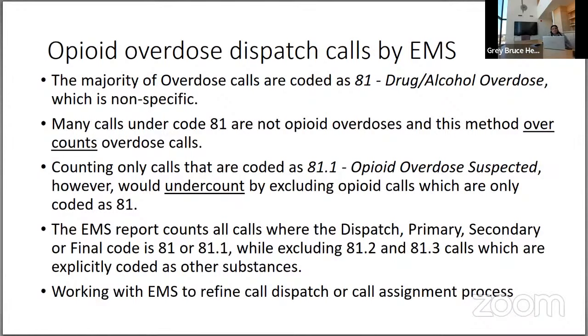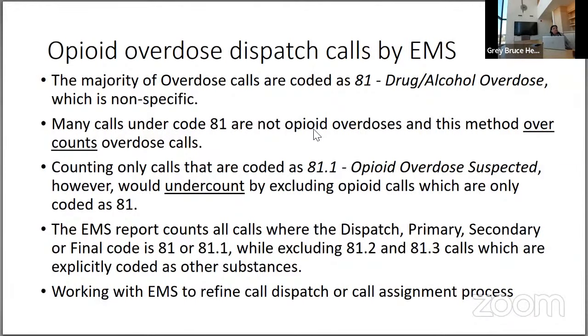But reliably now, we can focus on 81.1, which is suspected opioid overdose, until we get more cleaning of data. And there are other codes, 81.2 and 81.3, that are explicitly coded as other substances. So we are really working on refining this call dispatch system for EMS in Grey and Bruce.